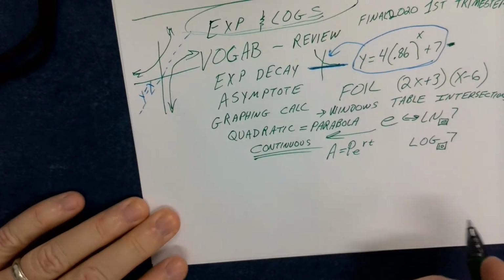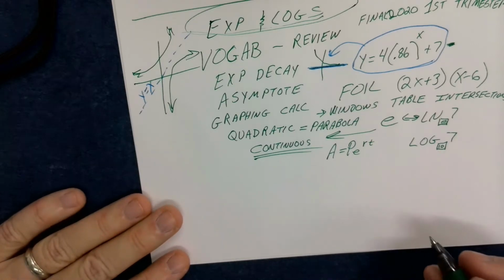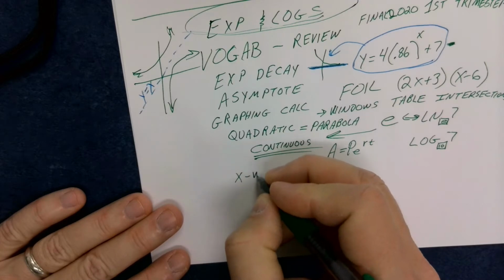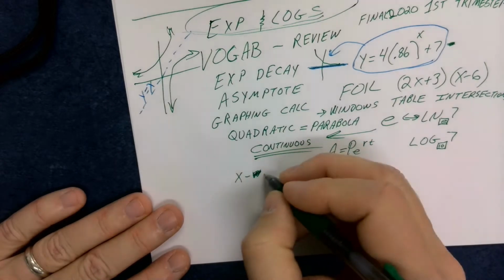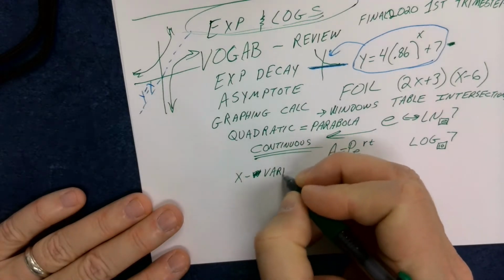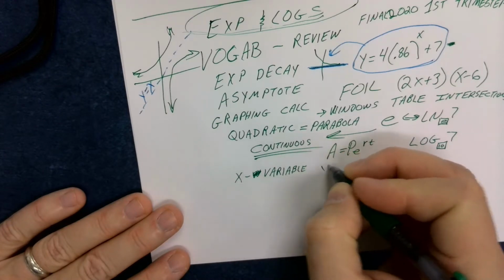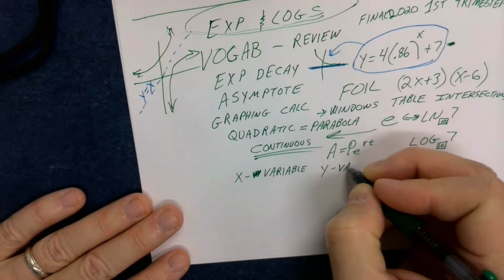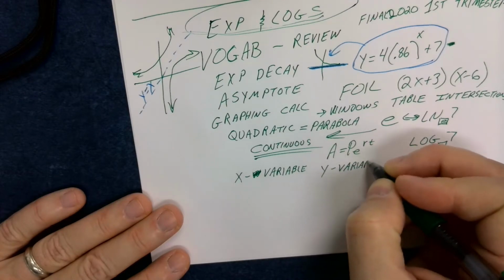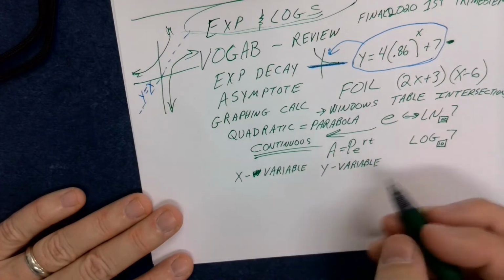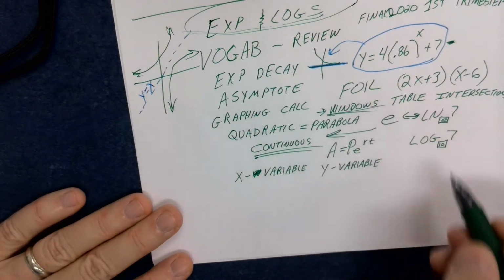What else do I have here? Know typically in these things what your x variable represents in exponential problems and what your y variable represents. It should be pretty basic based on your windows. Again, I said this before, know your windows.